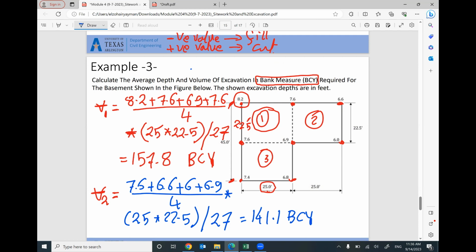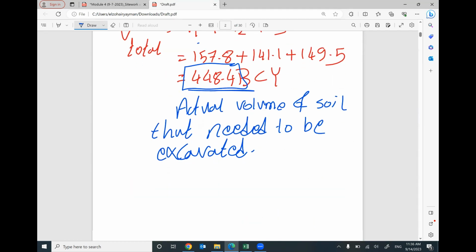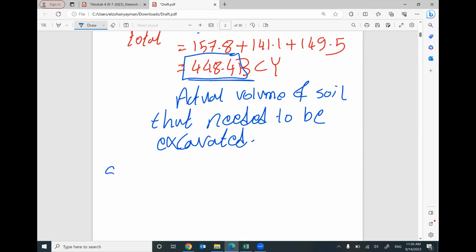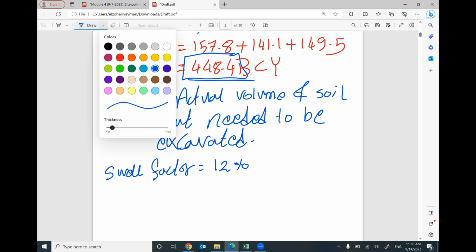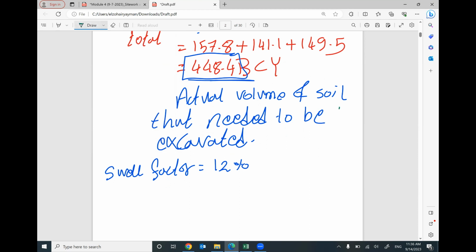That makes sense? If some information is given like a swell factor equal, for example, 12%, so after excavation, this volume of soil will not be 448.8.